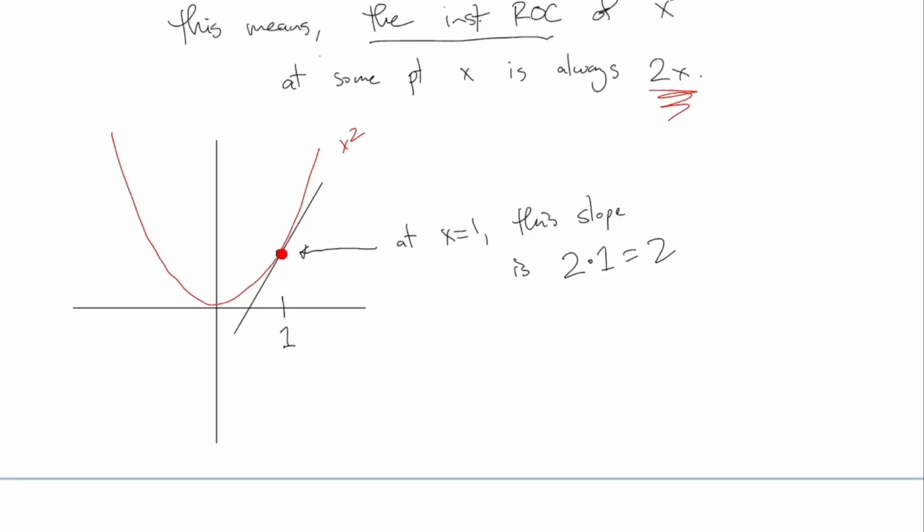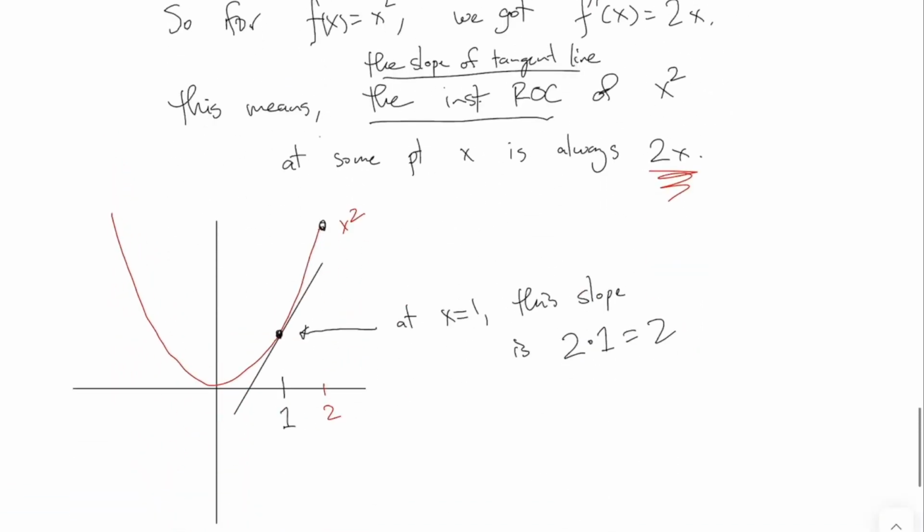Would you believe that? That means that it goes over 1 and up 2, which looks pretty accurate on this picture. Whereas if I went to x equals 2, say, that would be up here, say this point. The slope of the tangent line here is quite a bit steeper.